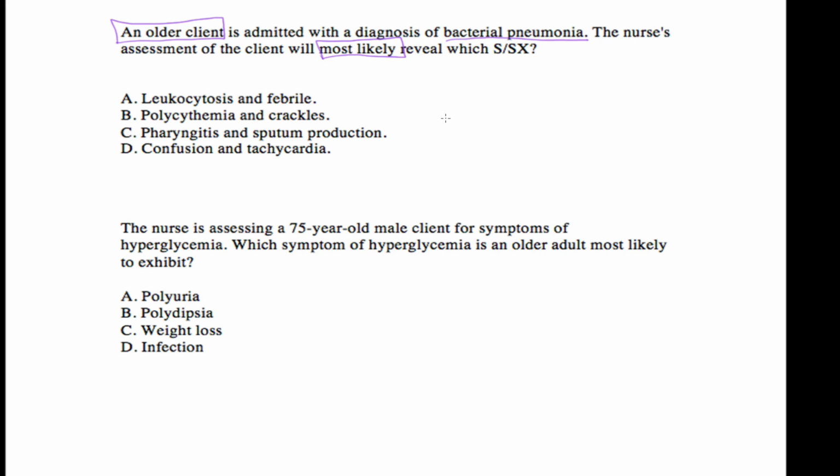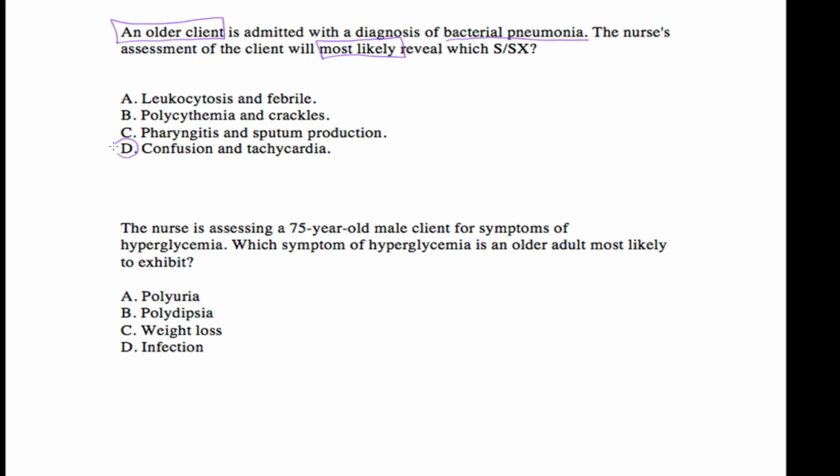They actually present with a lot of confusion, disorientation, neuropathies, agitation. We see that often when there's some type of disease process or some type of abnormality or pathophysiology happening. So with that said, the correct answer here is D, confusion and tachycardia.